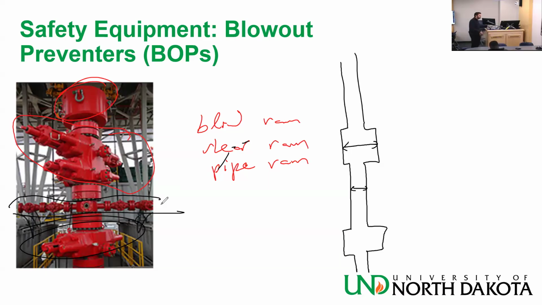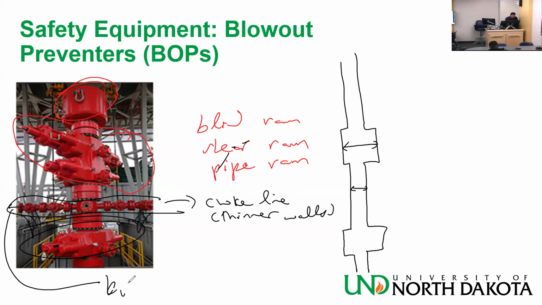The thinner one, let's just say it's this one, is the choke line. That's the one with the thinner walls. And this one here, again I don't know if it's this one, is the kill line. That's what you're going to use if you want to inject something. It has thicker walls to hold pressure.